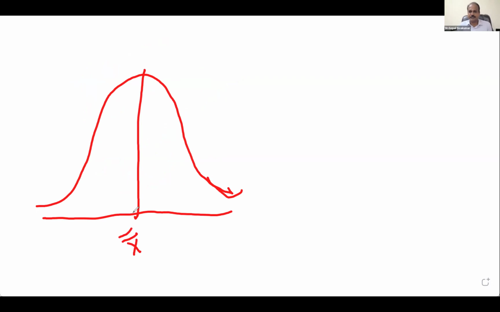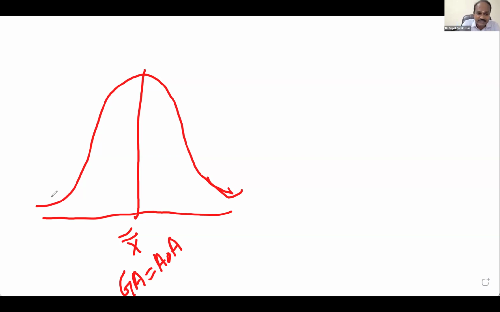What am I writing at the center? X bar, X double bar. If this is X double bar, it means grand average. What is grand average? Average of averages. Yes or no? Grand average is nothing but average of averages.